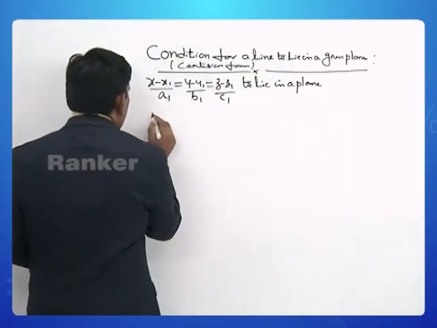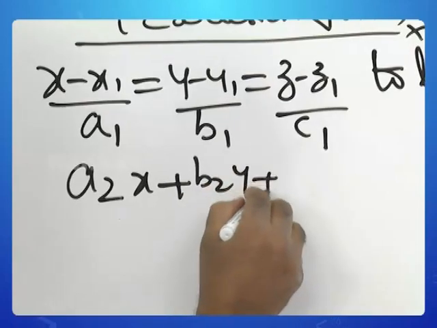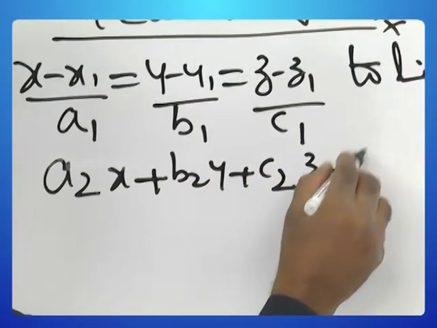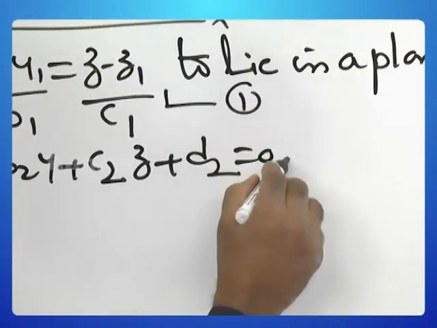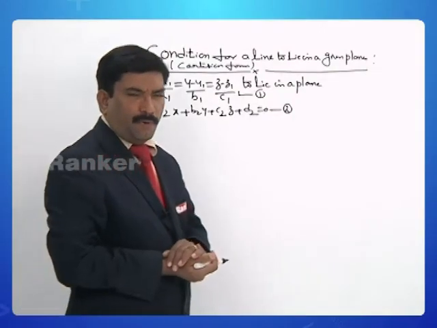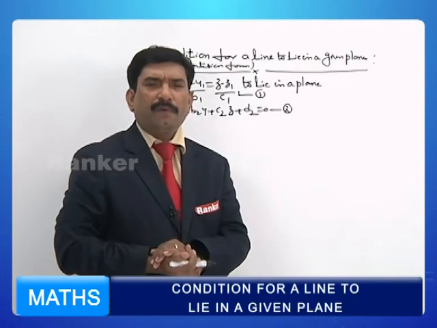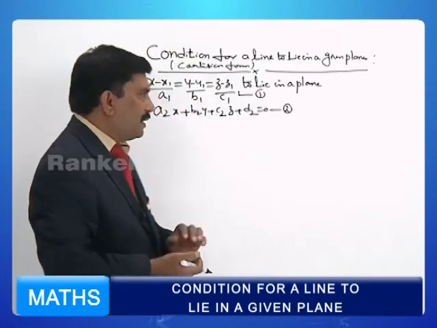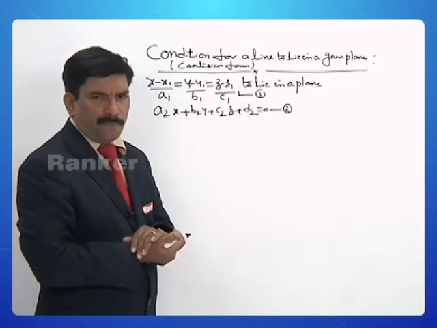The plane is given by a2x plus b2y plus c2z plus d2 is equal to 0. Call this plane 2. Both are in Cartesian forms. Now I want to find the condition for this line to lie in this plane.